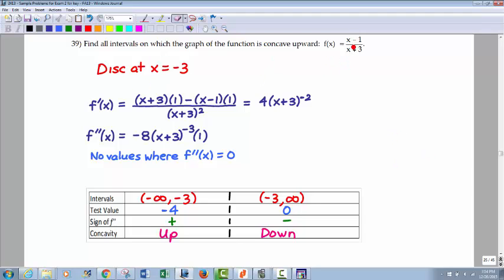All right, so you have x plus 3, bottom, derivative of the top is 1, minus top times the derivative of the bottom, x minus 1, over the bottom squared. So that numerator ends up tidying up. I kind of skipped a step here.